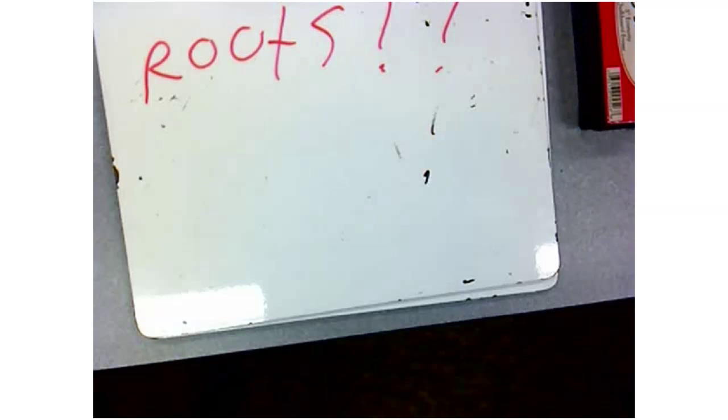Okay, let's look. The square root of 16, well, that one's pretty easy, right? What's the square root of 16? 4. Okay, what if you have a negative sign out front? What's the negative of the square root of 16? Negative 4, yeah. See how they have a plus or minus sign out front?